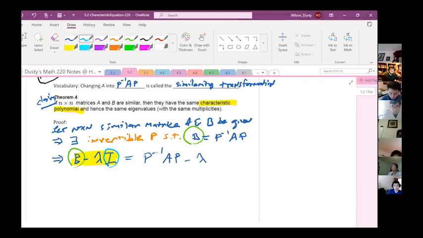We could rewrite I as P inverse times P. So this allows us to pull all the P inverses out front. And so then I've got A minus, boom, there's another I that just shows up, and then a P at the end.